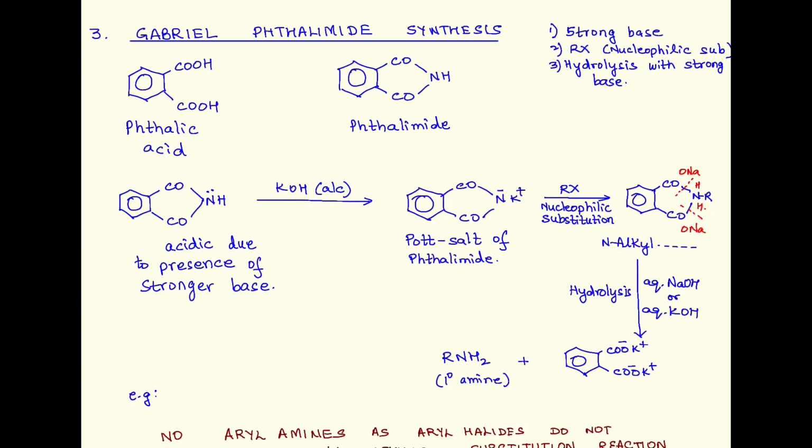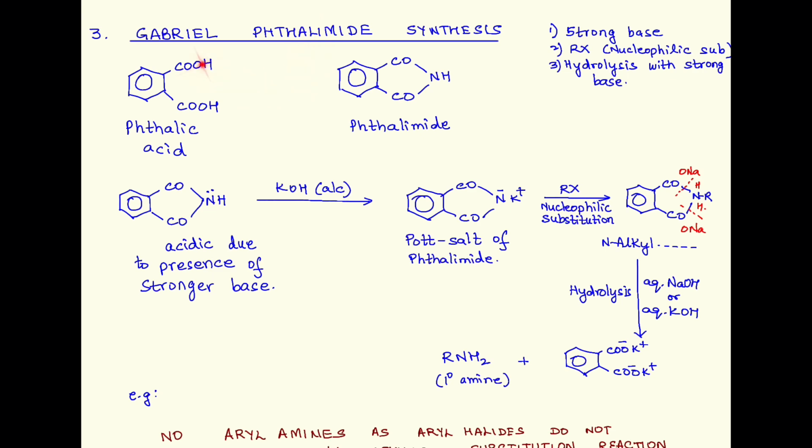The next method of preparation is known as Gabriel phthalimide synthesis. The "ph" is silent over here: THALI, IMIDE, imide group. That means NH group, not NH2. It's not amide, it's imide. Now, that means here I need phthalimide as one of the starting reagents.